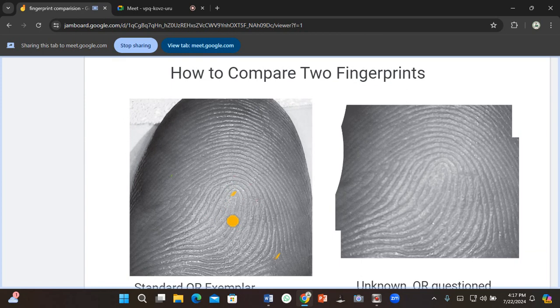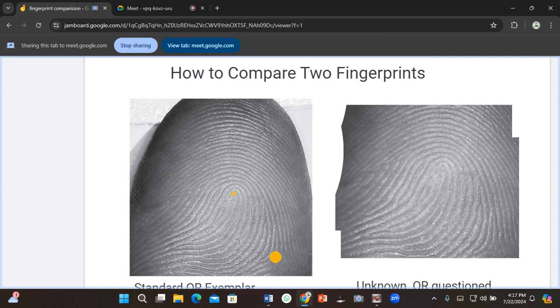Then let's count the number of ridges to get the ridge count. We start from here. 1, 2. No, if this is our delta, you will not start counting from this one.